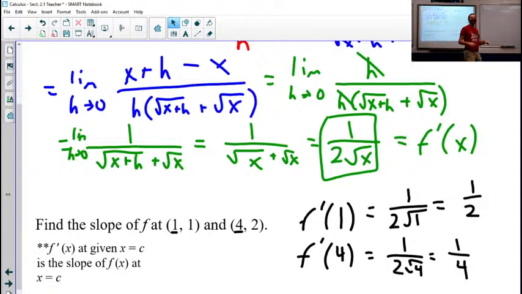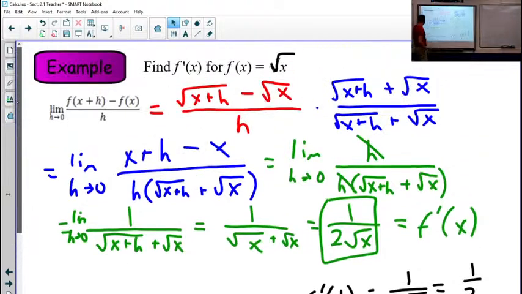And eventually where we'll get to, by like the end of next week, is being able to go from f of x, the square root of x, directly to the derivative being 1 over 2 square root of x, without having to do this big long process.